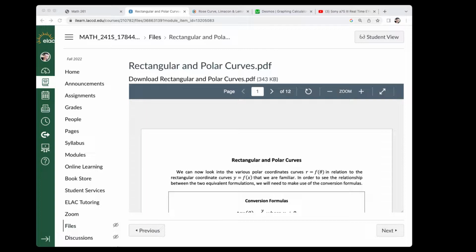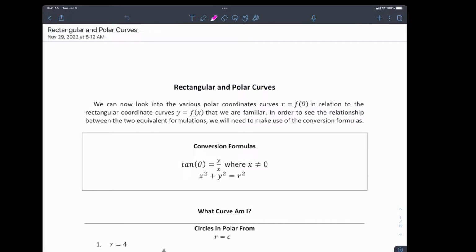I think I clicked on that and I have to share it via AirDrop. I have to bring it in, Notability, create a new note, import. Now we're good to go.